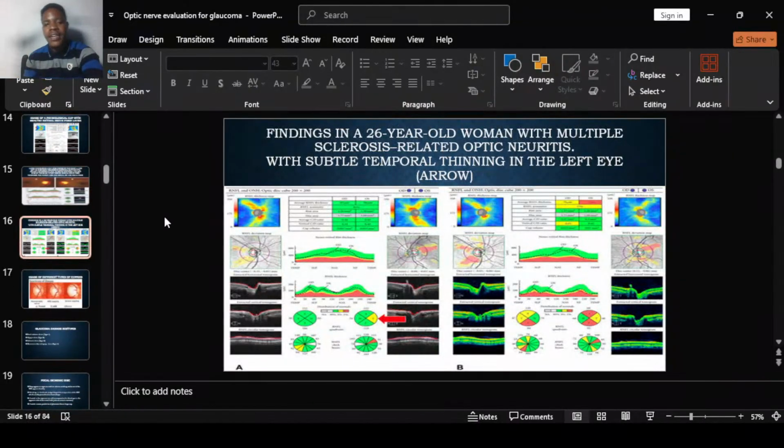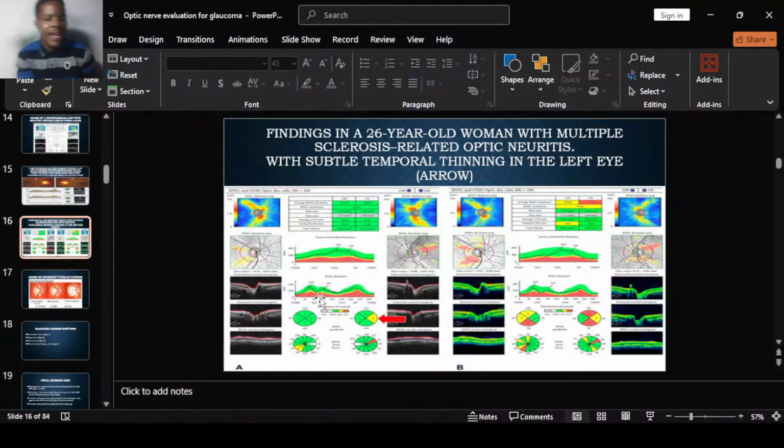Now, this is a finding in a 26-year-old woman with multiple sclerosis related optic neuritis with subtle temporal thinning in the left eye. This here is the first result, and this here is the result after some months. Even though the retinal nerve fiber layers appear healthy, if you look at this point, you will see a temporal thinning.